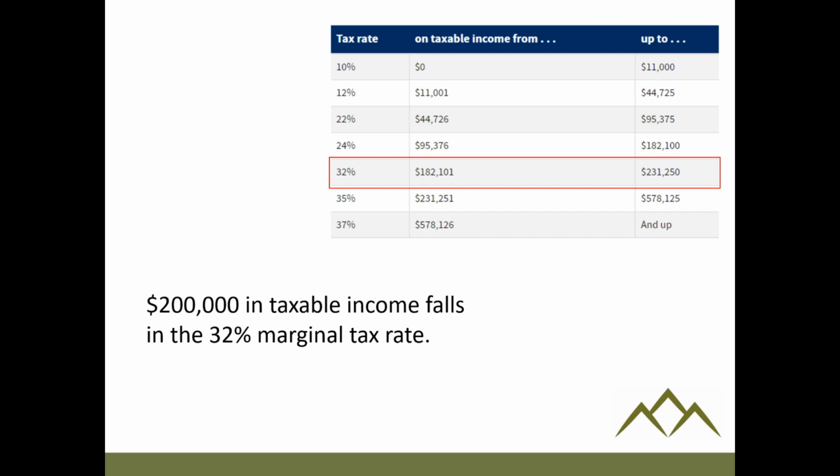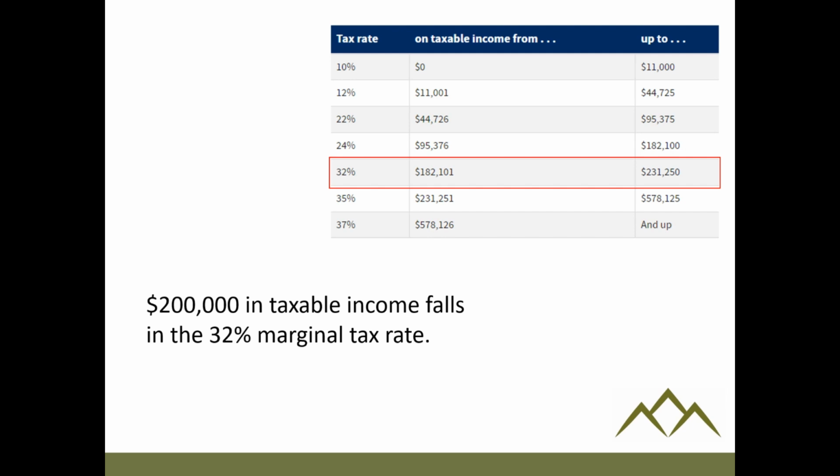The common misconception is all of that income is going to be taxed at 32%. And the reality is between 95,000 and 182,000, they're paying taxes of 24%. Between 45,000 and 95,000, they're paying taxes at a rate of 22%, and so on and so forth.